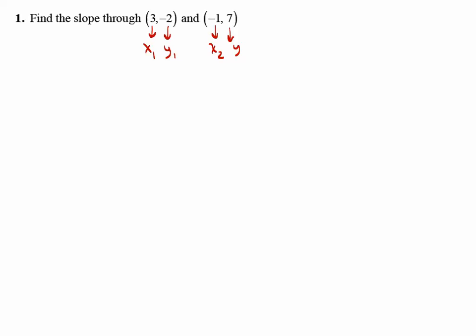And the 7 would be the y-coordinate of my second point. And all we do is just follow the formula. M equals y2 minus y1 over x2 minus x1.